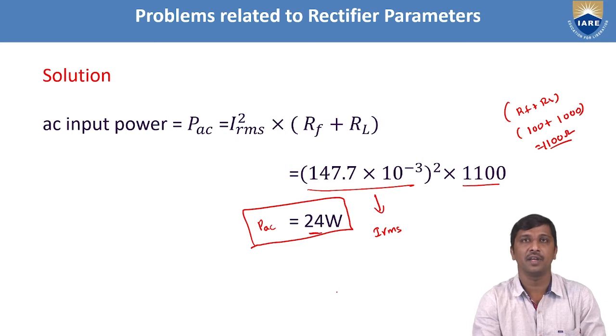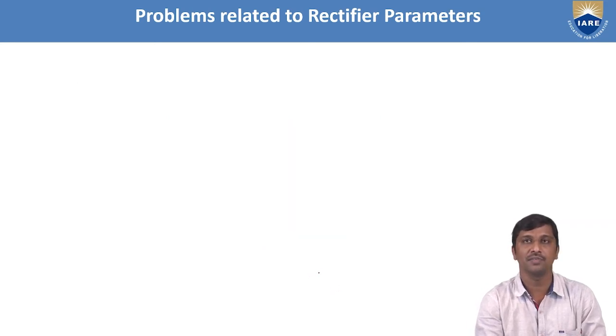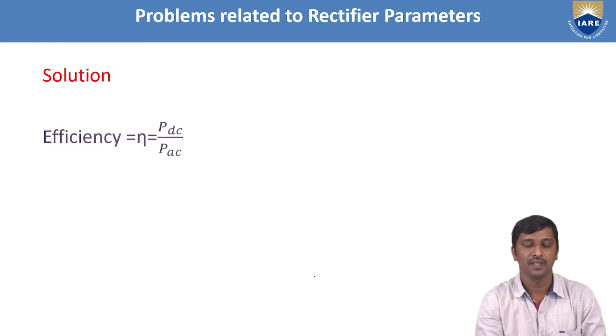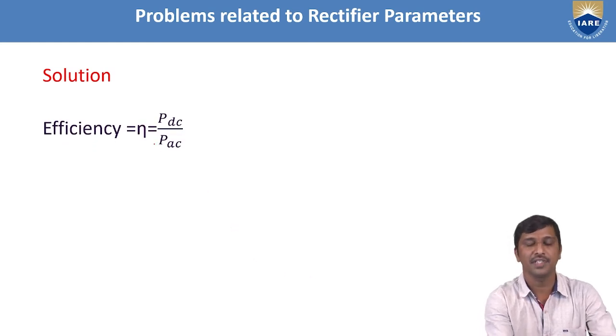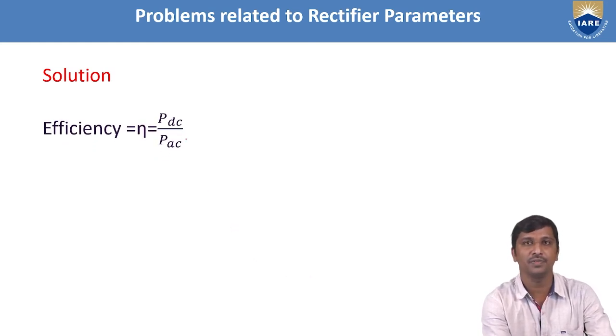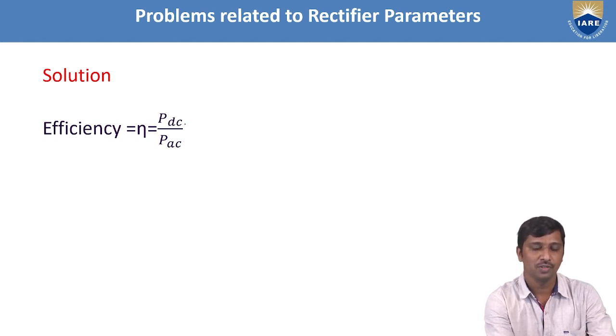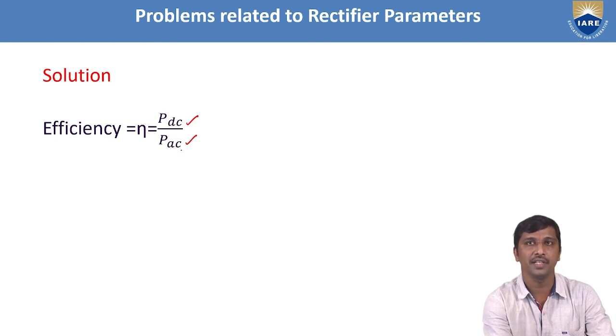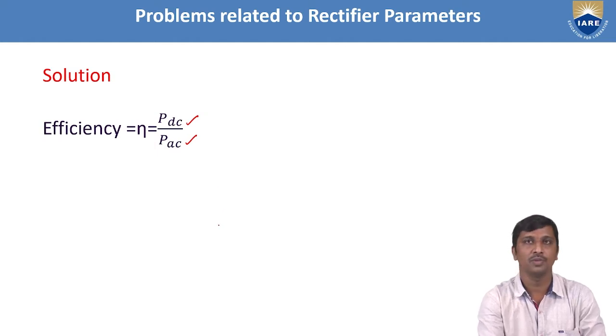Finally, we are going to observe the efficiency of the given rectifier. Generally the efficiency is the ratio of DC output power to AC input power. The DC output power is PDC and the AC input power is PAC. Just now we got both. Now we substitute these two values to find the efficiency.